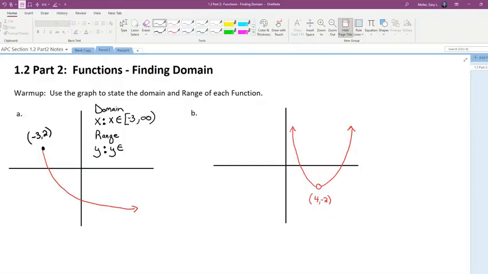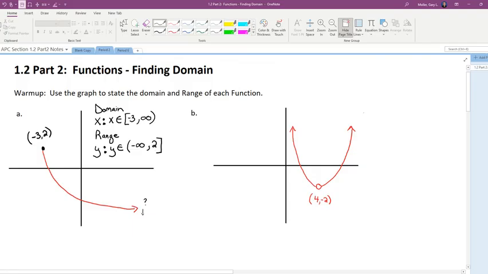The picture is a little ambiguous here, but we can assume that it's definitely leveling out, but still continuing to drop. That was the implication. I just drew it too fast. So we're going to start all the way down at negative infinity, and have y values all the way up to including the value of 2. And so that would be my range.